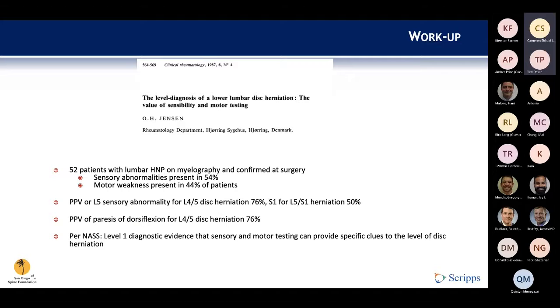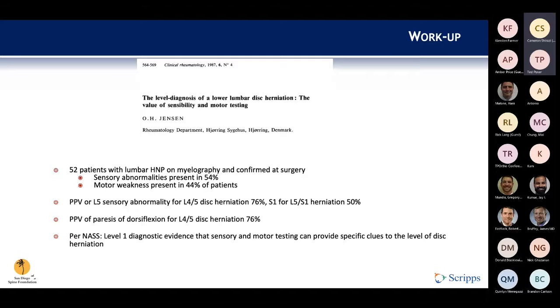So level of diagnosis of a lower lumbar disc herniation, and this is looking at sensation and motor testing. So 52 patients with lumbar HNP, that was noted not only on imaging but also confirmed at surgery. These patients were shown, 54% of them had sensory abnormalities, and 44% had motor weakness.